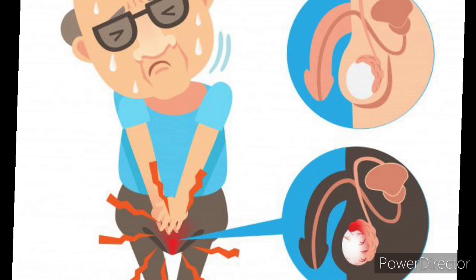Sometimes this causes loss of libido as well. Because you have frequent urination here and there, and you want to have an affair with a partner, this is going to contribute to not having a full affair with a partner, so you can lose libido.